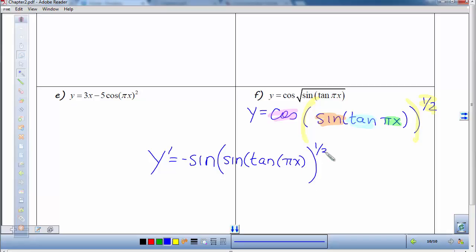Okay, we're going to need lots of space. Okay, dealt with that piece. Now I'm going to deal with the 1/2 piece. So times 1/2 of sine of tangent pi x raised to the what? Raised to the negative 1/2.